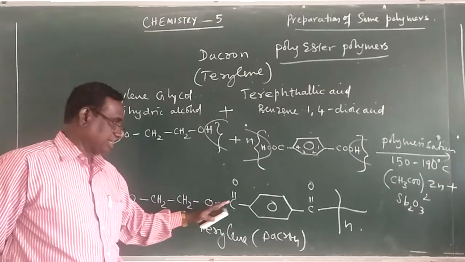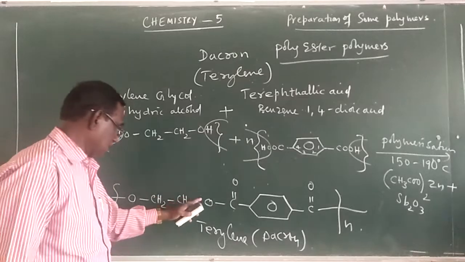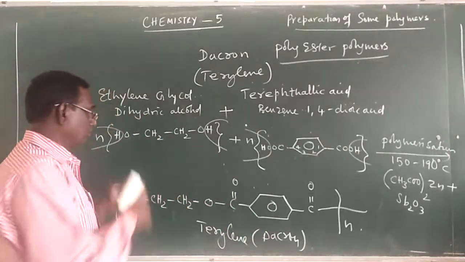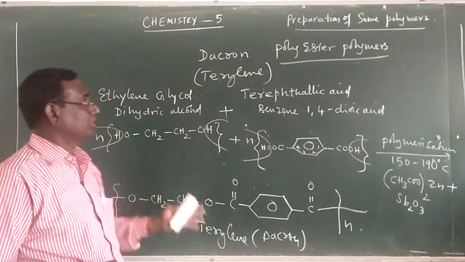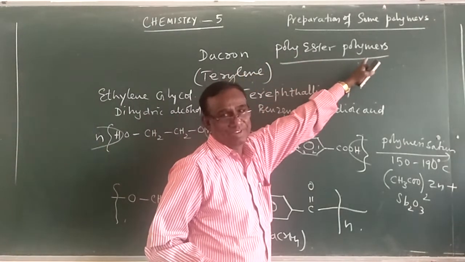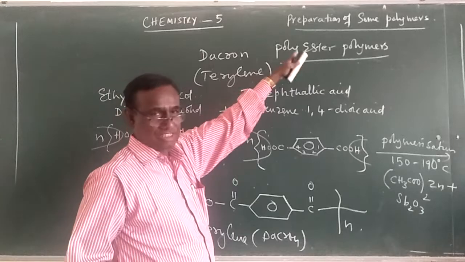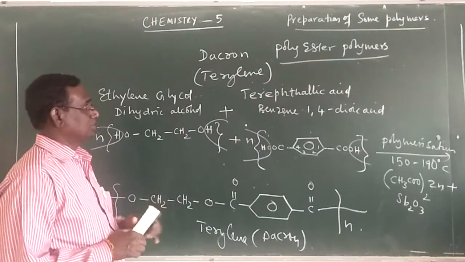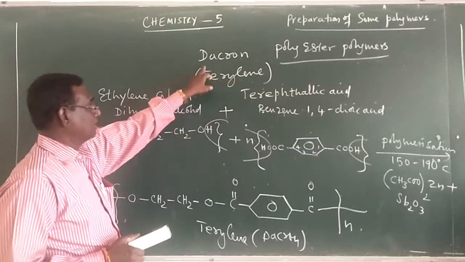This polymer contains the ester linkage, COO, and this group is called the ester group. Therefore, it is called a polyester polymer. So polyester polymers contain ester linkages, and an example is terylene.